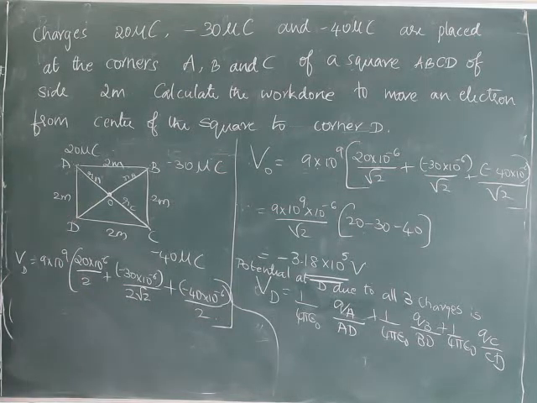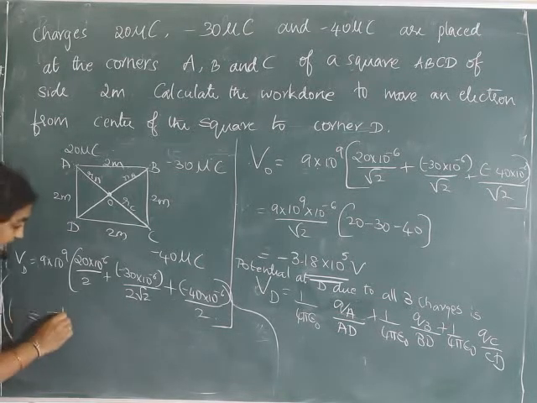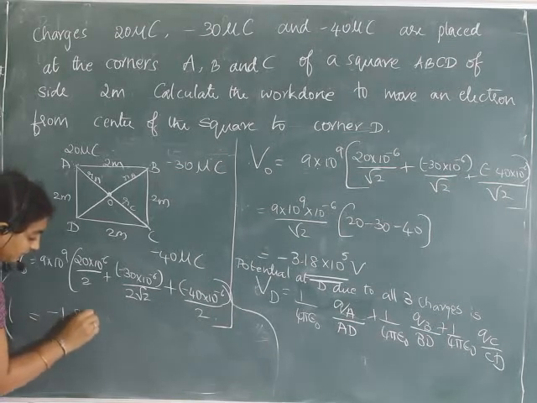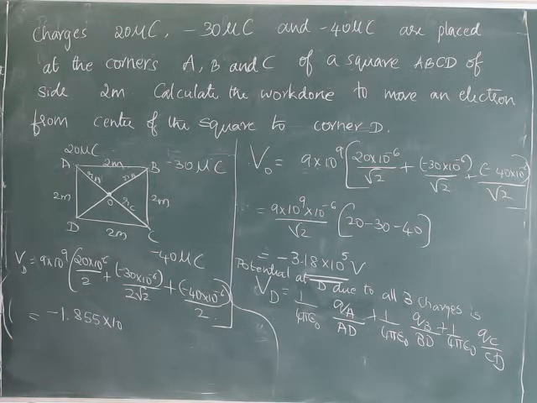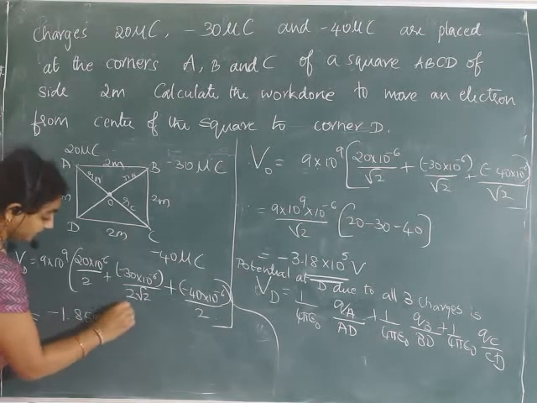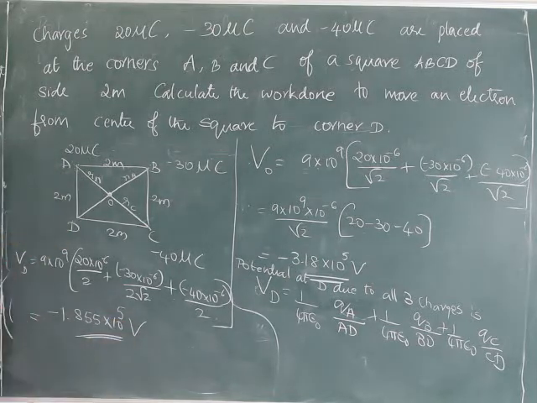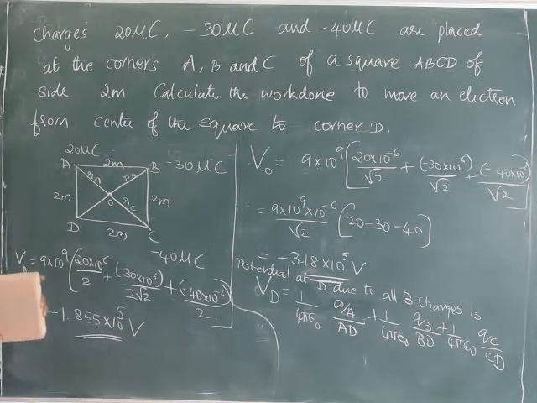Correct? So what is the answer you get? Solve it using the calculator. We will get it as minus 1.855 into 10 to the power 5 volt.